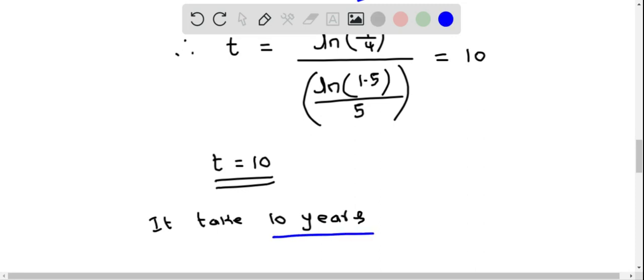This is the answer to this question, for the amount to grow to 450 dollars.